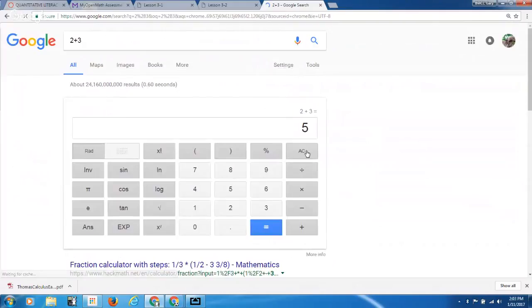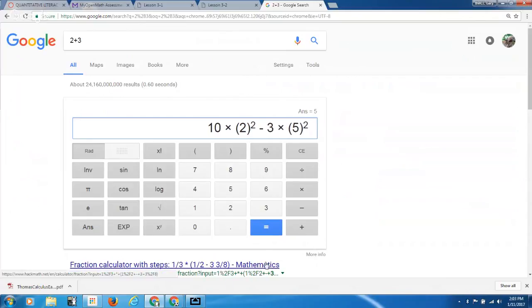Then I could clear that and type my expression: 10 times parentheses 2 squared, there's the square button right there, minus 3 times parentheses 5, close parentheses, square it, enter, and it says the answer is negative 35. Uh-oh, what did I do wrong?